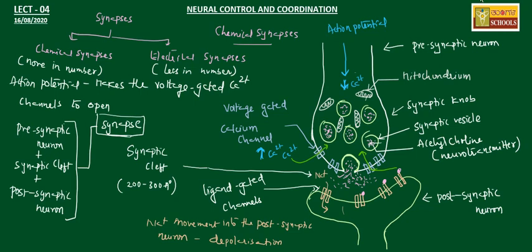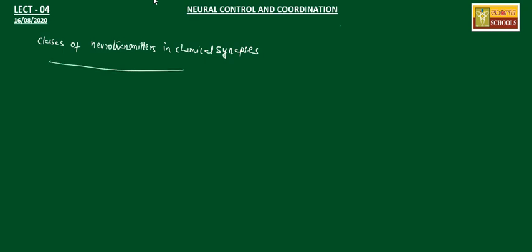Okay, fine. Now let's see some neurotransmitters. We'll see here classes of neurotransmitters in chemical synapses. We have around four classes.